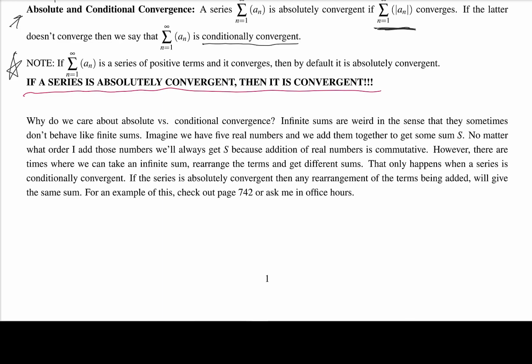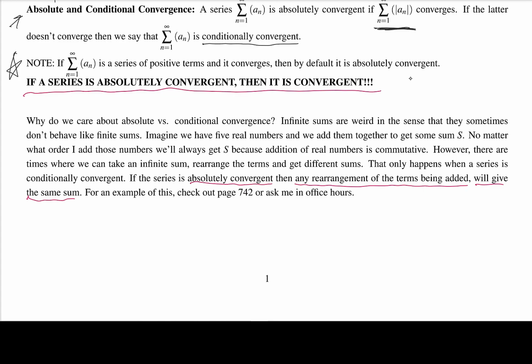But there are times where we take a sum of infinitely many real numbers, and you can rearrange the terms and get different sums. So I'm just changing the order that we're adding and somehow getting a different number. This is the difference between absolutely and conditionally convergent. If something is absolutely convergent, then any rearrangement of the terms being added will give the same sum.